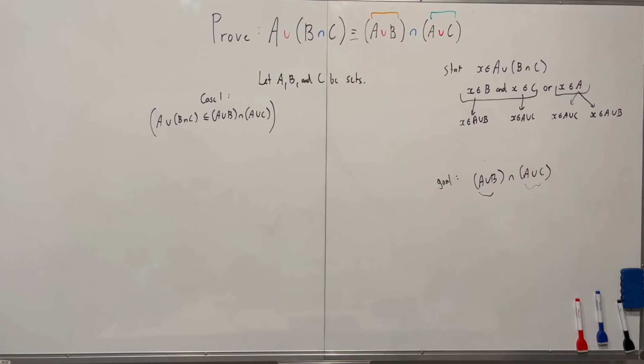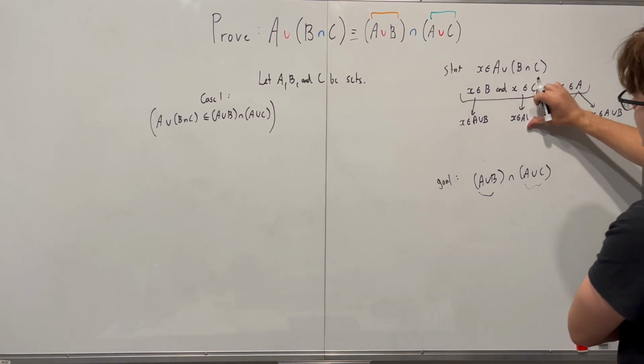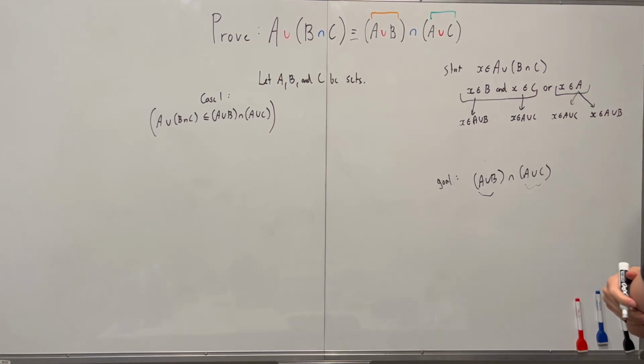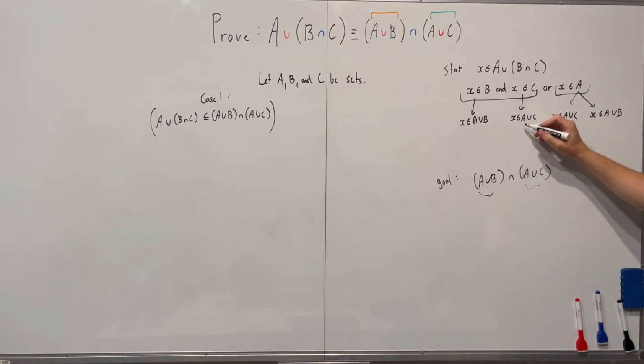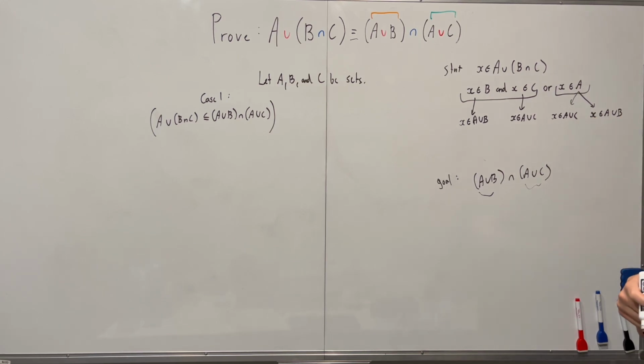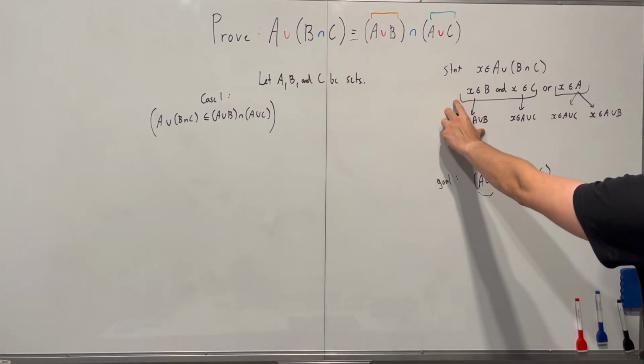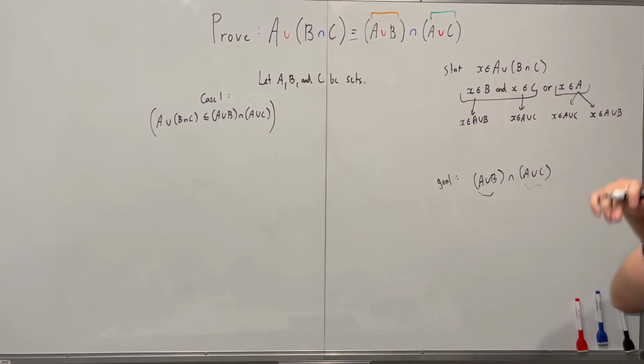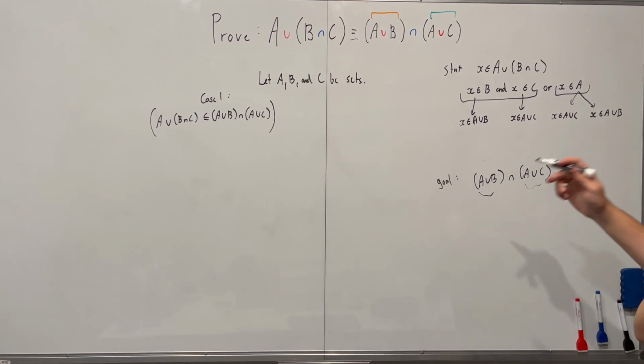So what are we looking at? We're saying, okay, we got our two parts. We got our A union C and we got our A union B's. We got from B and A and we got from C and A a pair. So how can we get the intersection now?